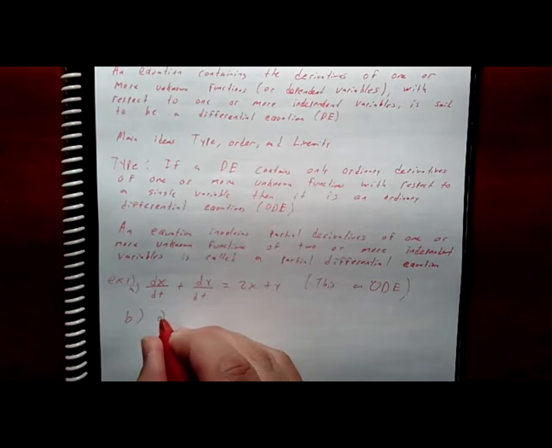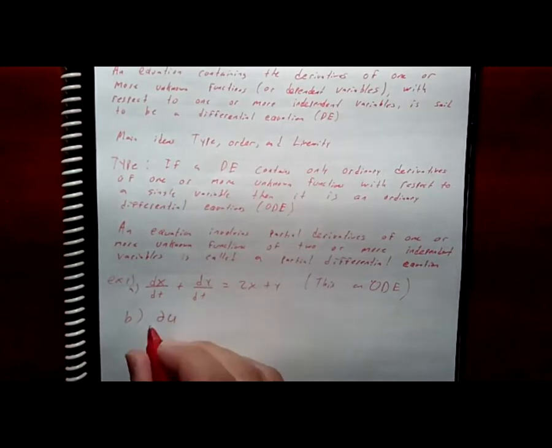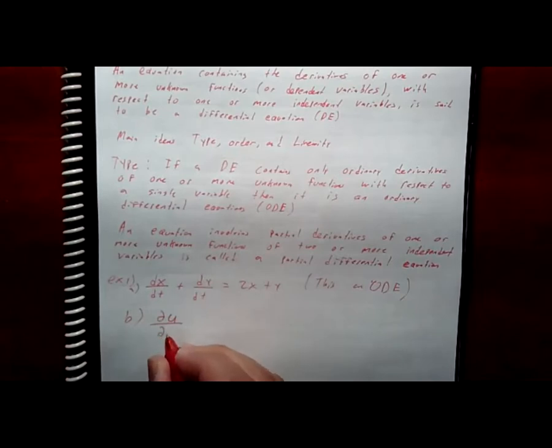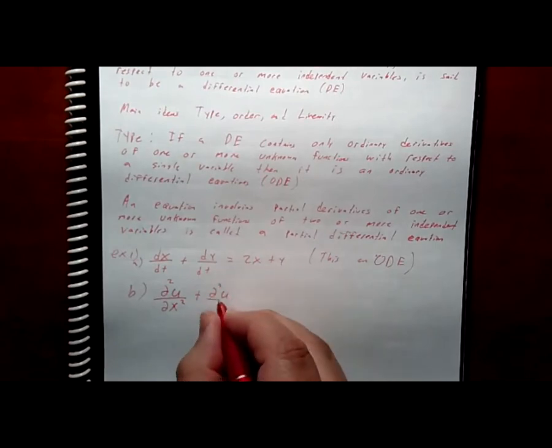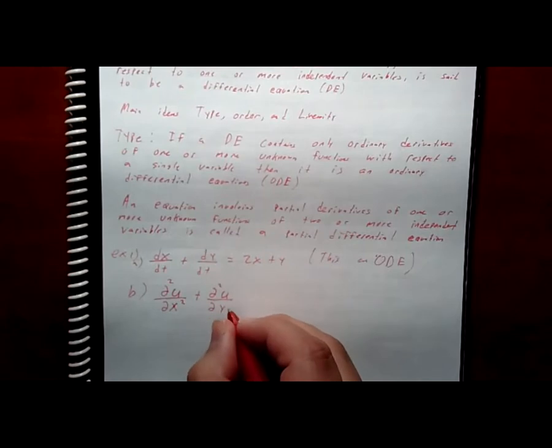So the partial derivative with respect to u over the partial derivative of u with respect to x. So the second derivative. Is everyone familiar with this partial notation? Okay. Let me know if you don't, if you've never seen that before. Okay, partial u over partial y.